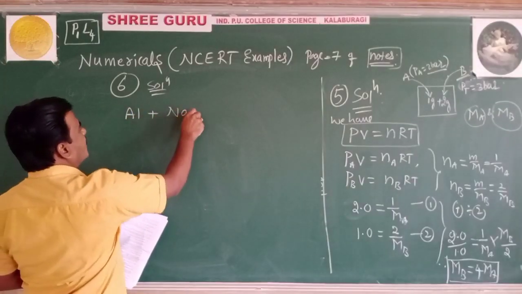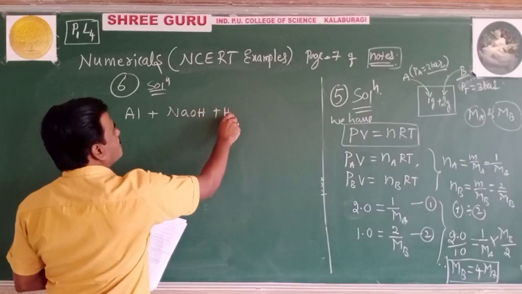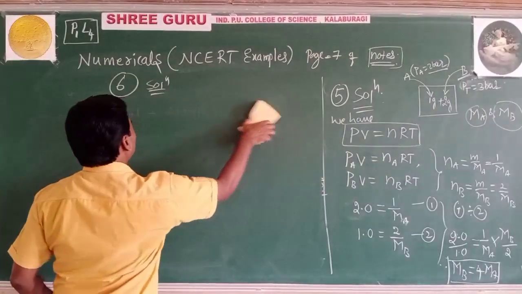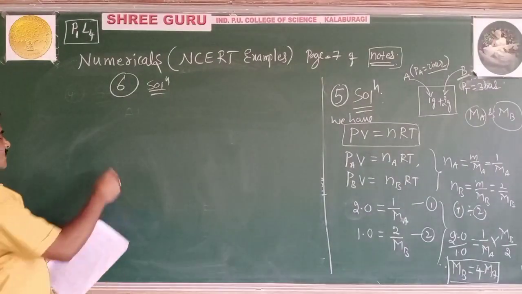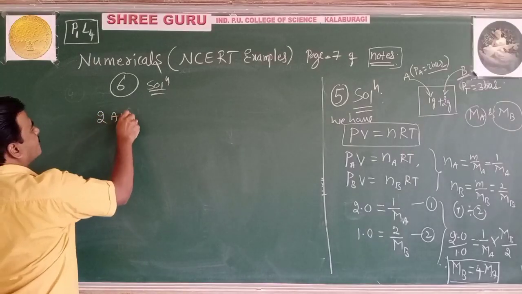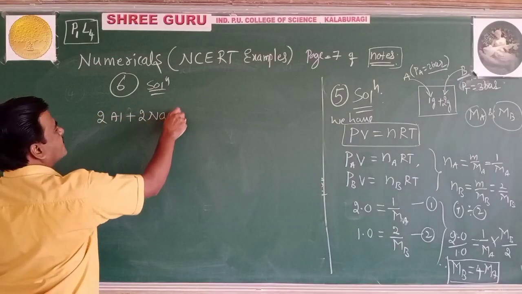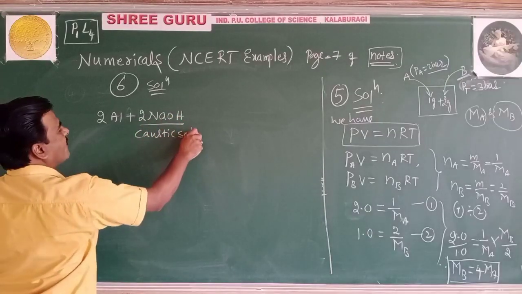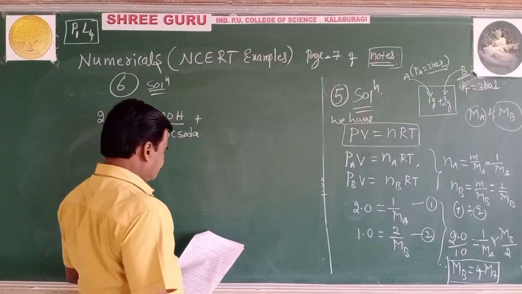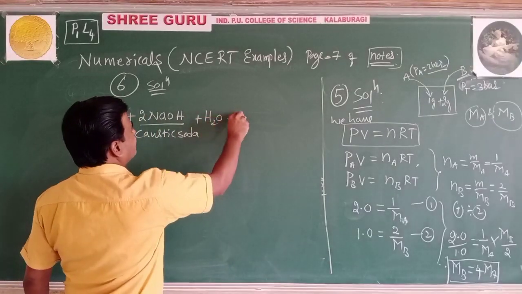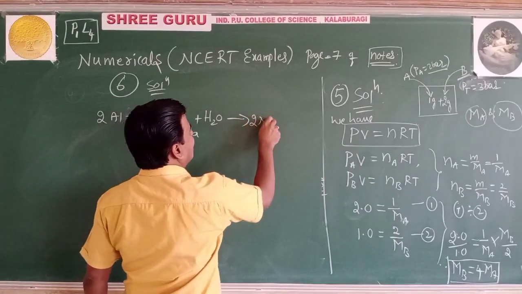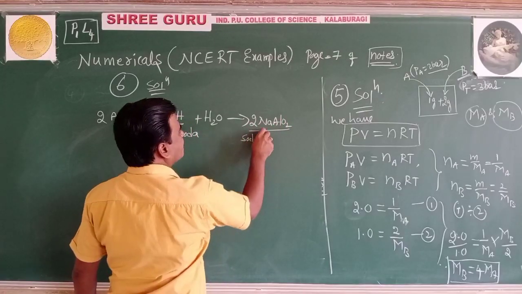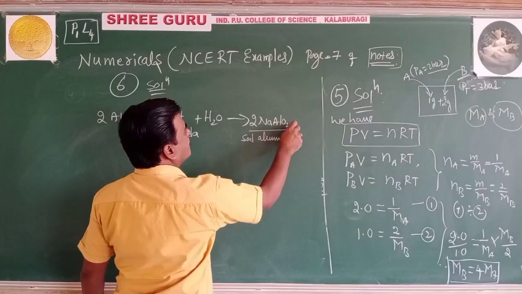How does it react with aqueous sodium hydroxide? 2 Al with 2 NaOH, caustic soda, aqueous. In the aqueous medium, that gives you 2 NaAlO2, sodium aluminate, plus 3H2.